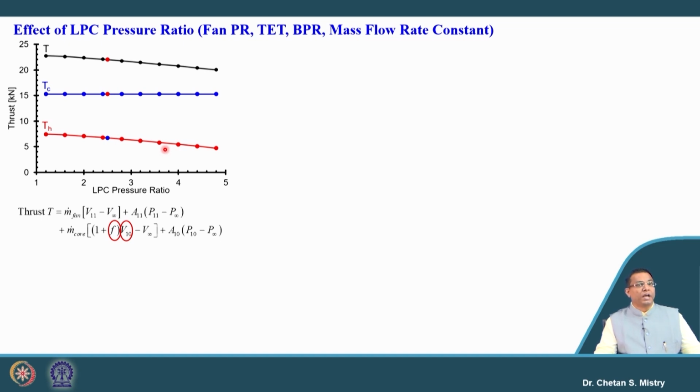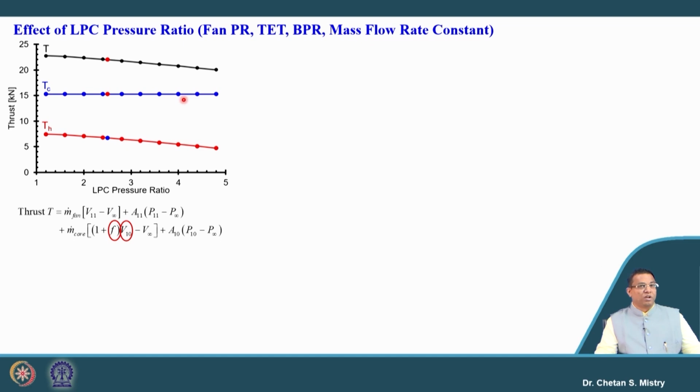What we mean by an increase of pressure ratio is that it demands an increase of power from the LP turbine, and that leads to reduced enthalpy at the entry of the nozzle, which gives a lower velocity, and that is what shows up as the reduction of hot thrust.